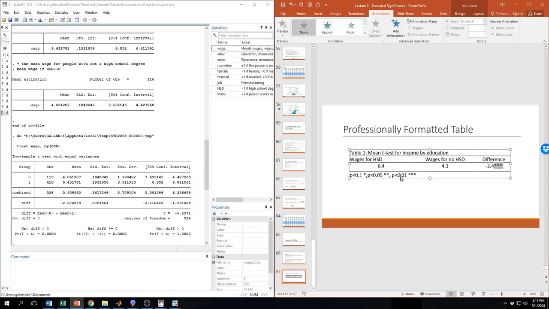And if it's smaller than 0.01, I'll use 3 stars. If we go back, our p-value was smaller than 0.01, so I use 3 stars. That means this is highly significant. That means it's very unlikely, a very small chance of type 1 error. That means that we really do think that we are observing a true difference in the population.